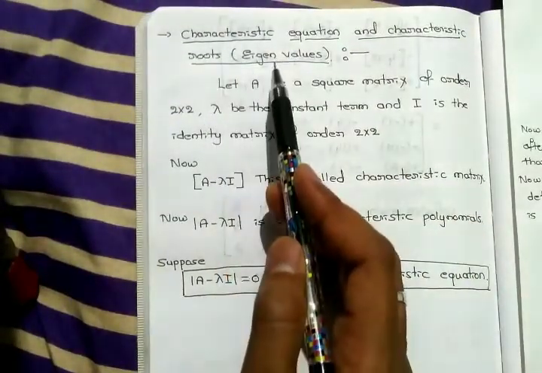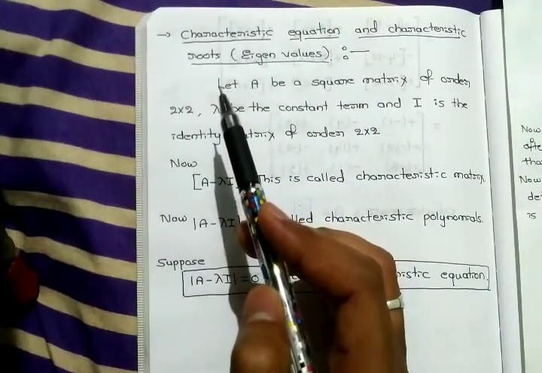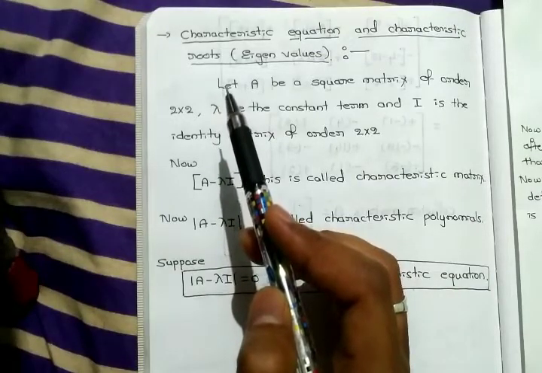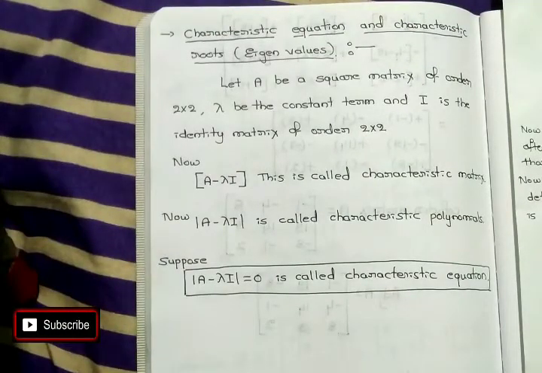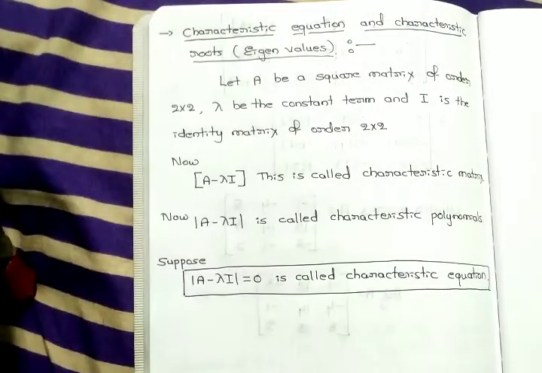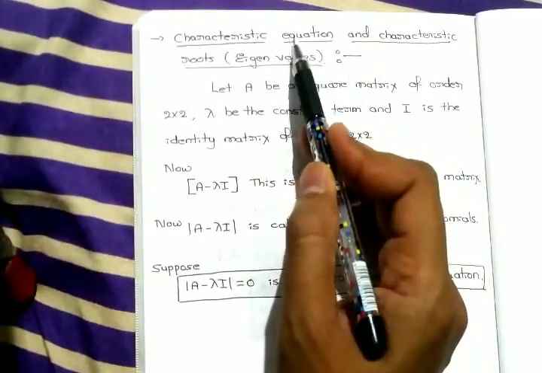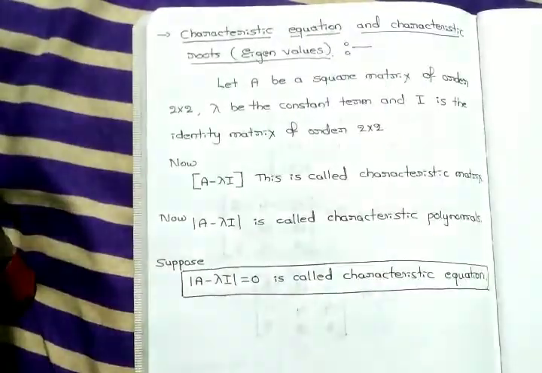Suppose factorization is not possible, then we are going to solve by the formula method, that is minus b plus or minus square root of b square minus 4ac divided by 2a. Now we will solve examples. In these examples you will learn how to find the characteristic equation, and using it, how to find the characteristic roots, that is eigenvalues.